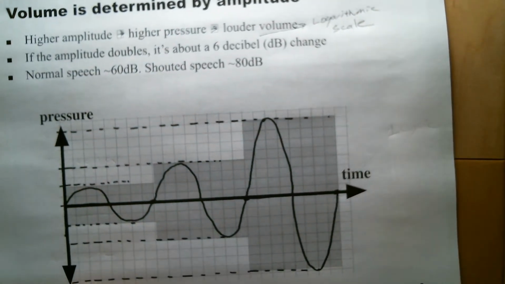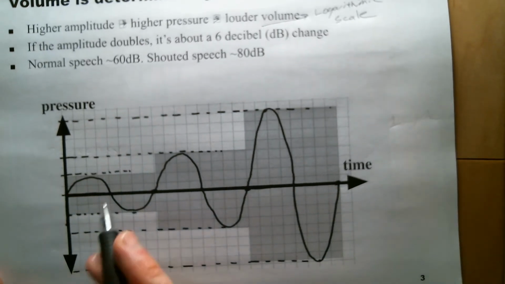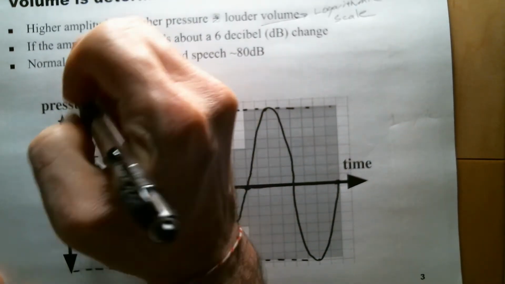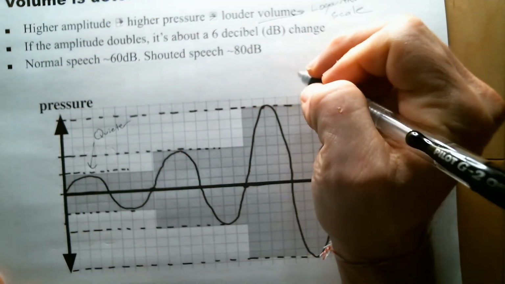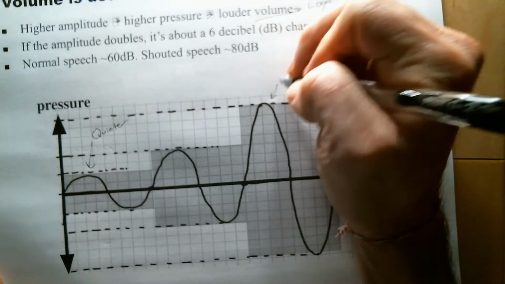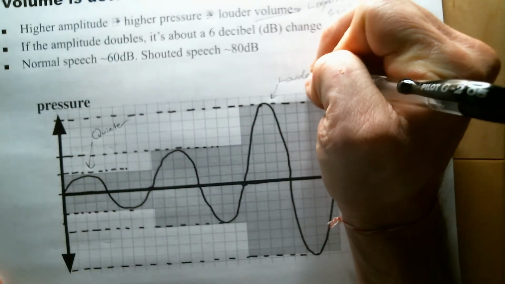Just for a simple reference, normal speech is considered about 60 decibels. Shouted speech is about 80 decibels, just to give you a frame of reference there. So if we're looking at this wave here, these sounds would be quieter, and these sounds over here would be much louder.